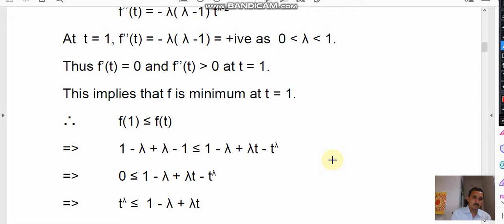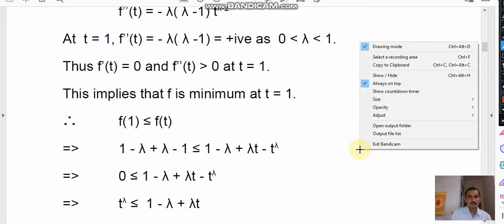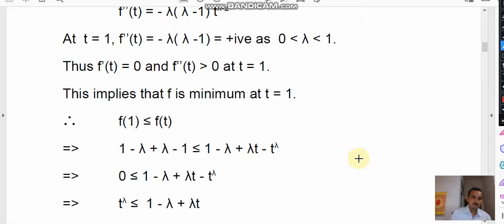So calculating this from this equation, 1 minus lambda plus lambda minus 1 is less than or equal to 1 minus lambda plus lambda t minus t^lambda. So for solving this, we obtain 0 is less than or equal to 1 minus lambda plus lambda t minus t^lambda.